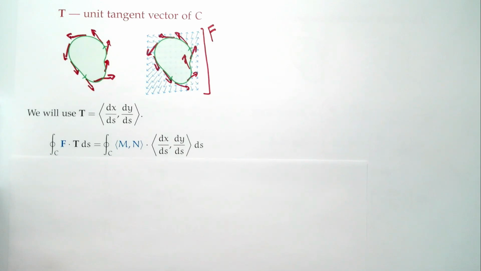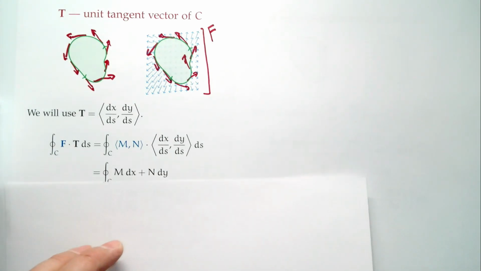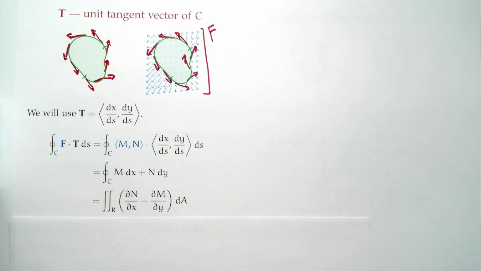T ds is what I have up above. Nothing too surprising, which is really just the integral along the curve of M dx plus N dy, which is what? Well, that's Green's theorem. It's the integral over our region of partial N partial x minus partial M partial y.